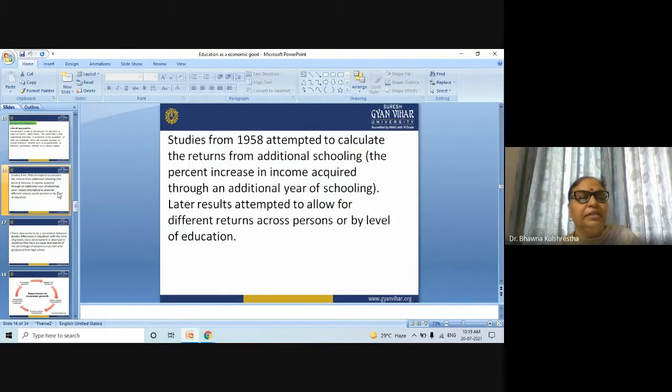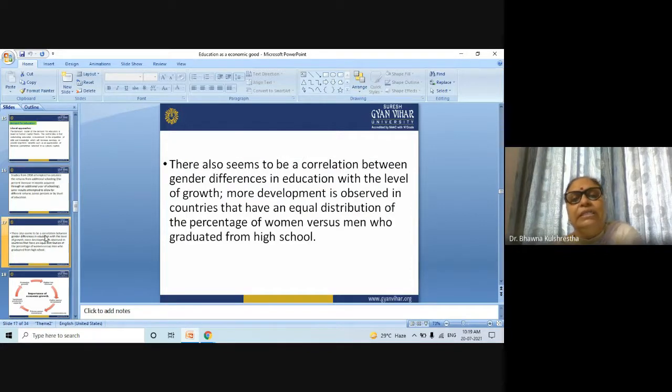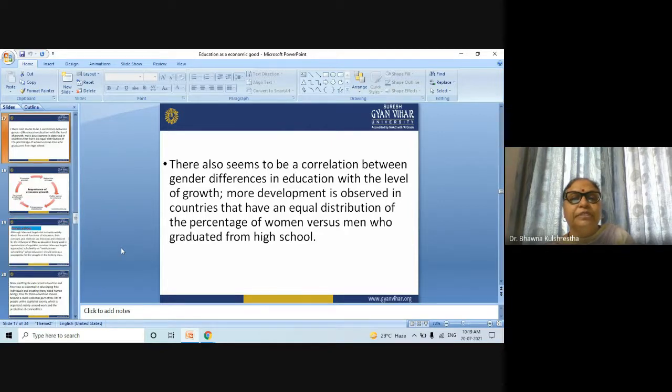And there also seems to be a correlation between gender difference in education and the level of growth.